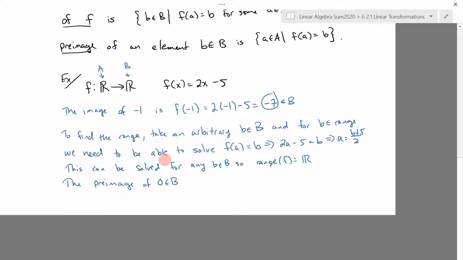So I need to find all the elements that map onto 0. So I just need to solve the equation.